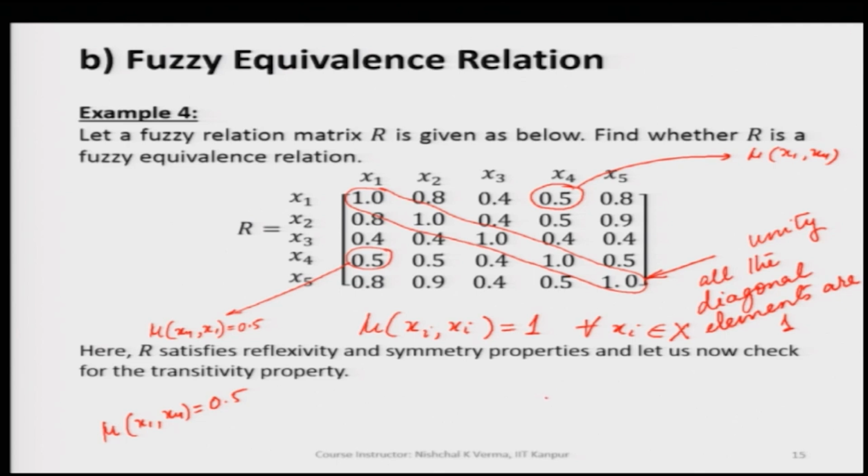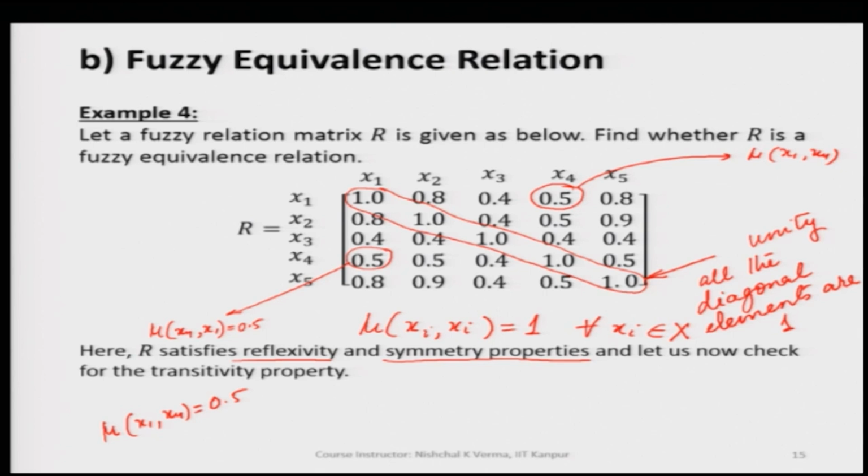So, we can quickly say that the symmetry property is also satisfied. So, this way for the given fuzzy relation matrix, for the given fuzzy relation set R, the reflexivity and symmetry property both are satisfied.